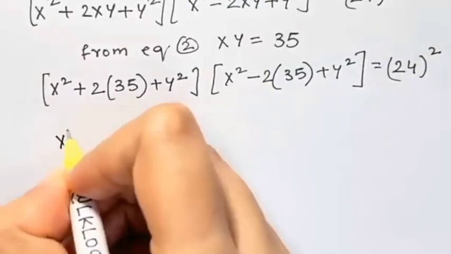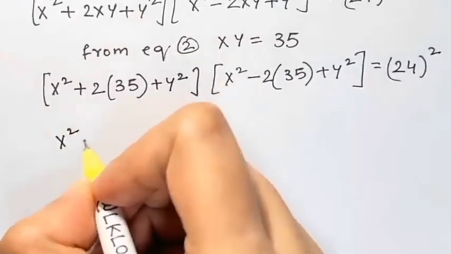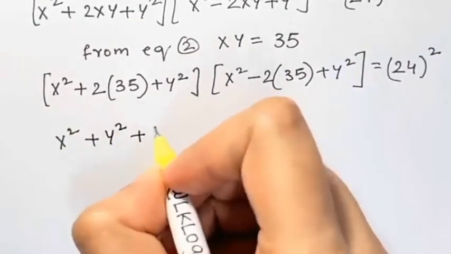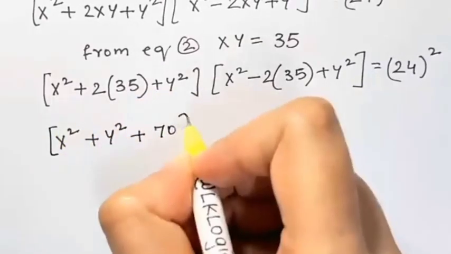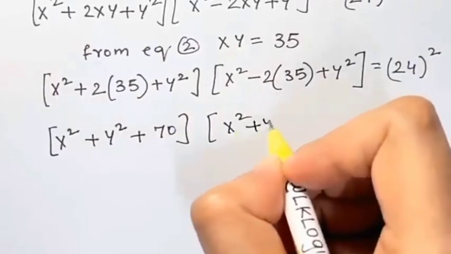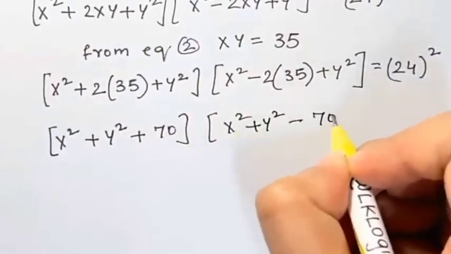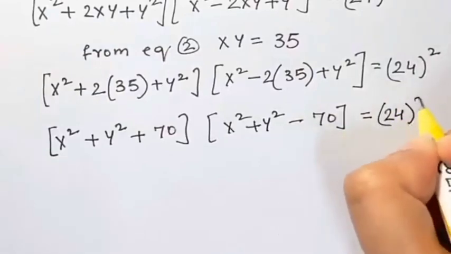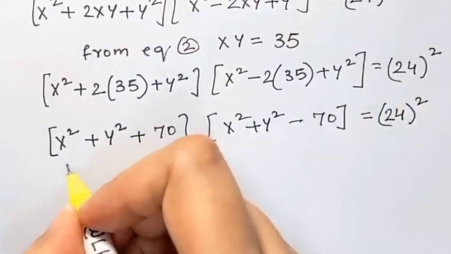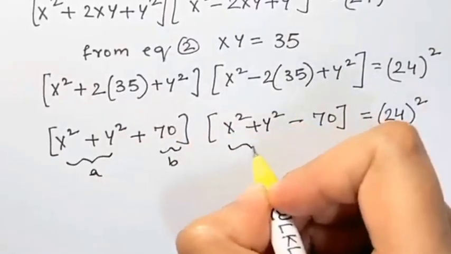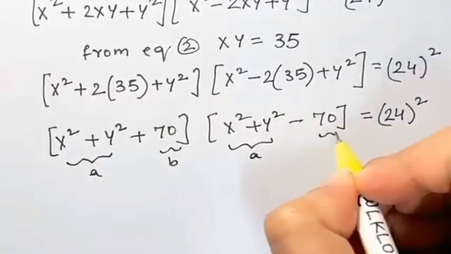What do I have? x². Let me arrange it as well: x² + y² + 2 times 35 is 70, and then I have x² + y² − 70, is equal to 24². Now as you can see, let me take this as a and this as b, and this as a and this as b.